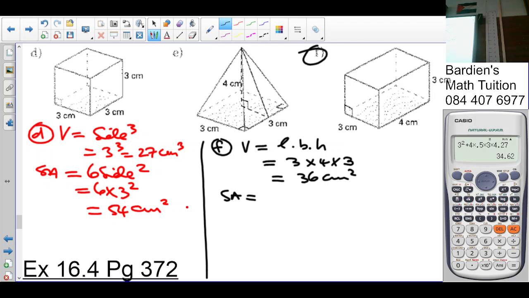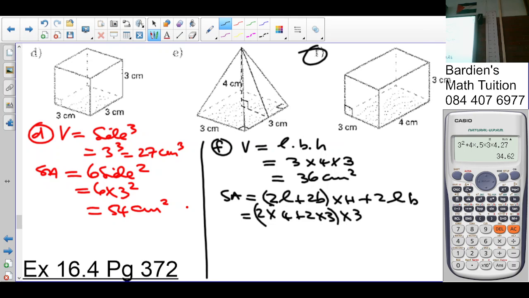So it's 2 times (4 plus 2 times 3) times the height, which is 3, plus 2 times 3 times 4.